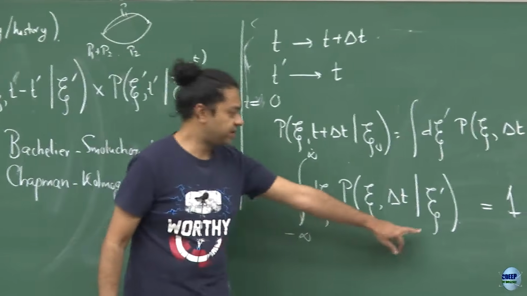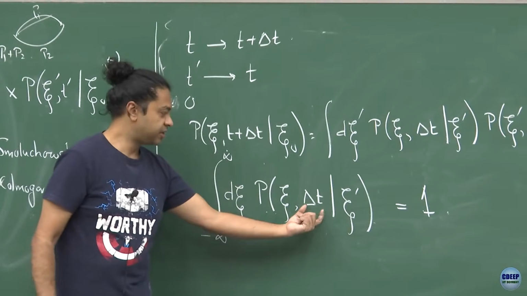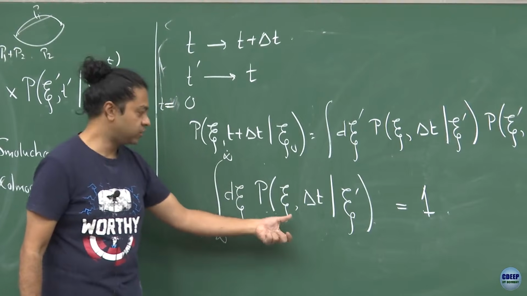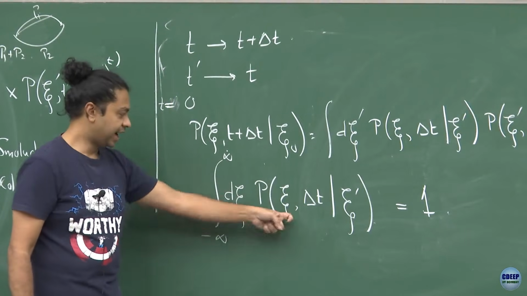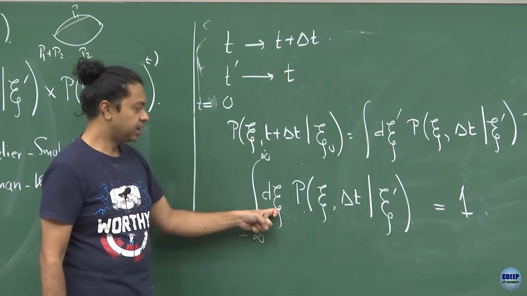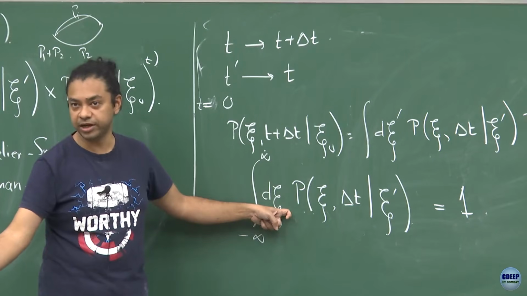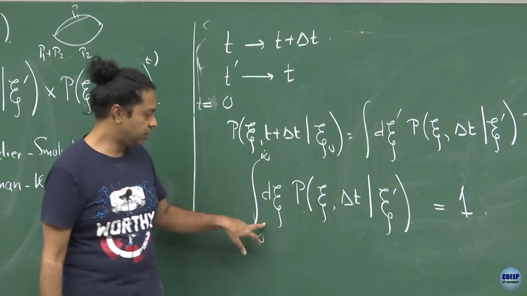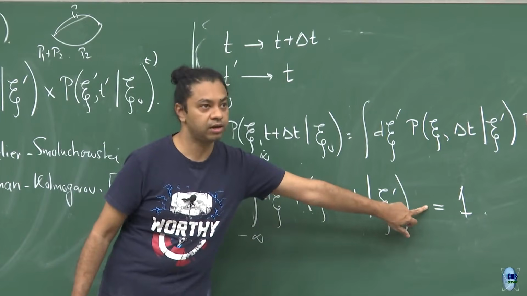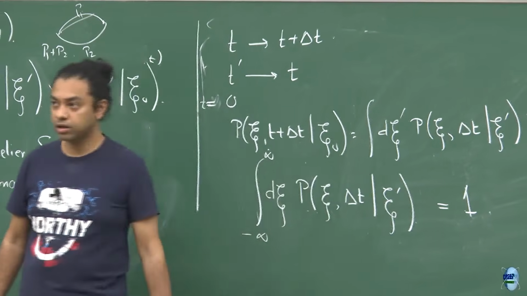So, I was at xi prime, after some time delta t I was at xi. I integrate out over all xi, I must have been somewhere after time delta t, that is guaranteed. So, therefore, this integration must give me a 1. This is fine.